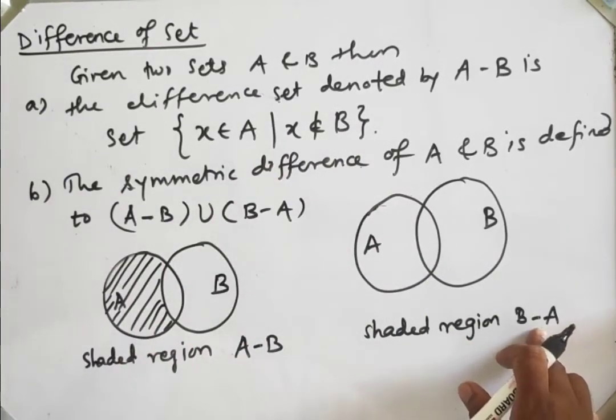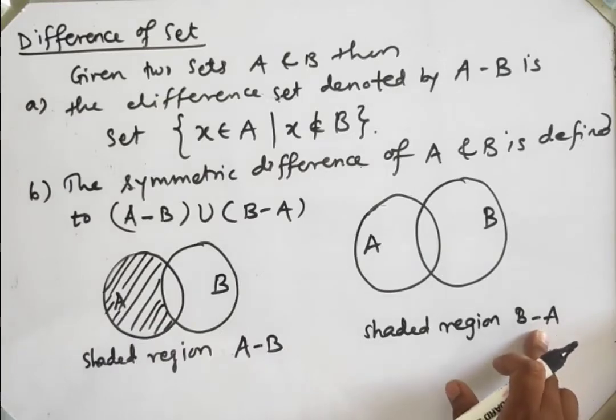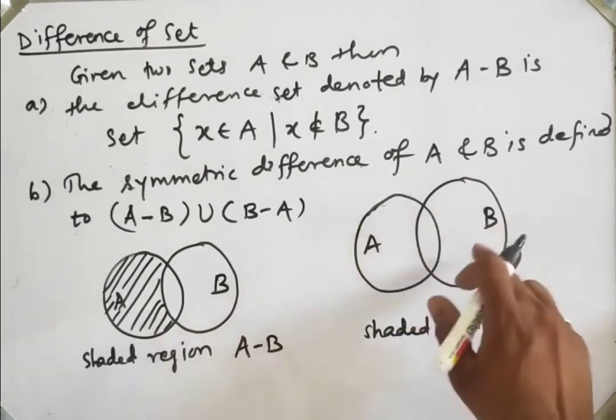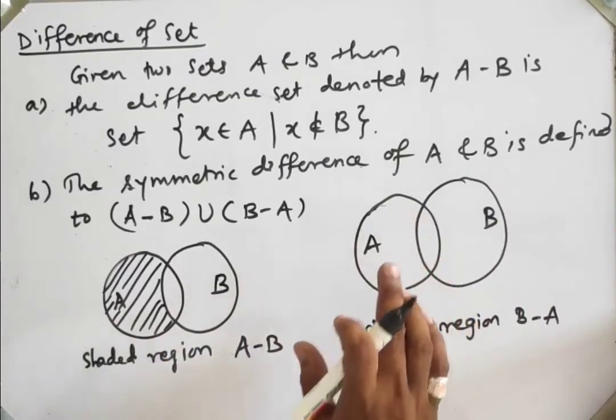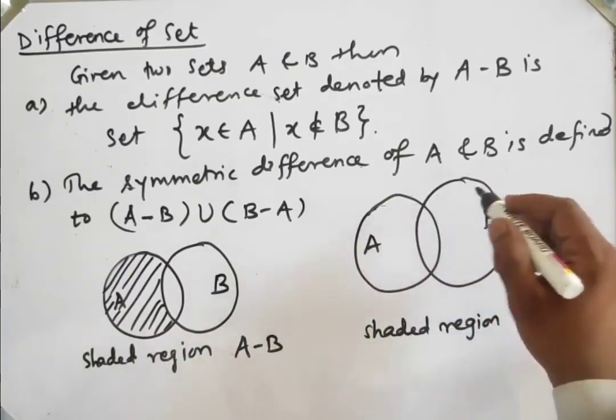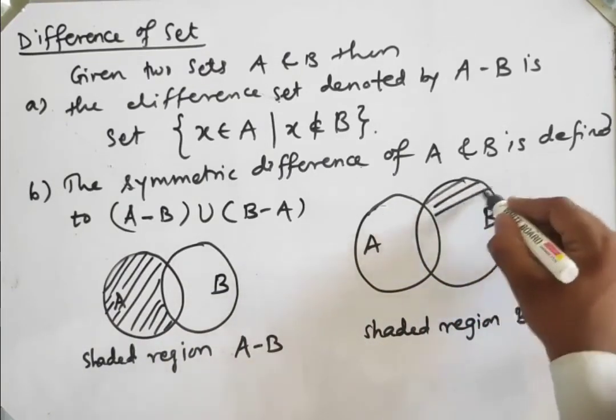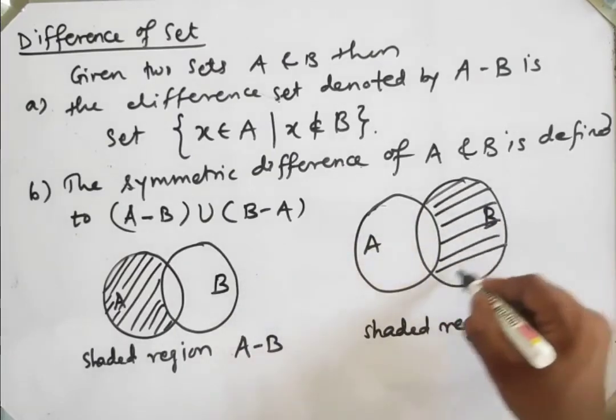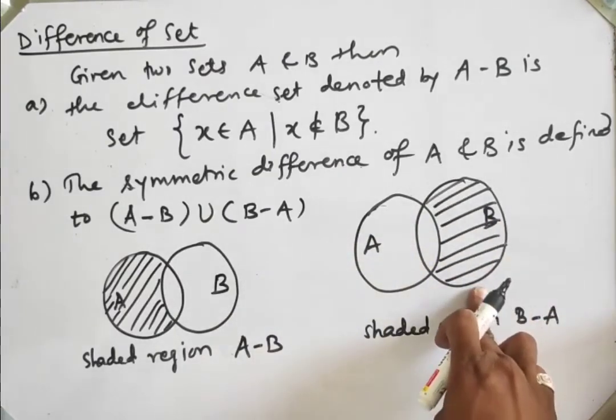It is the set of all elements from set B which are not in set A. So the region will be like this. This is the difference set B minus A.